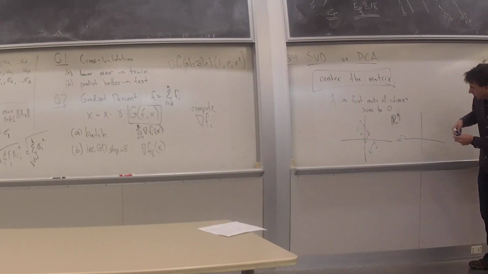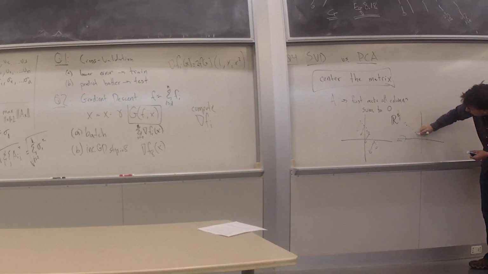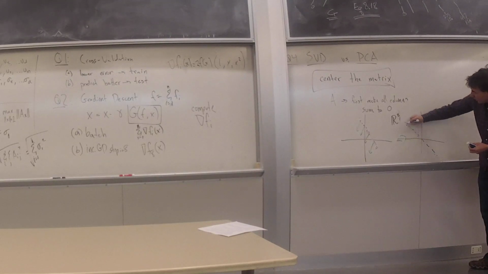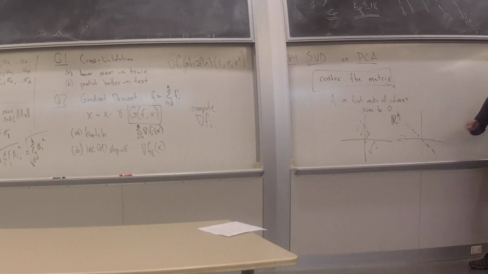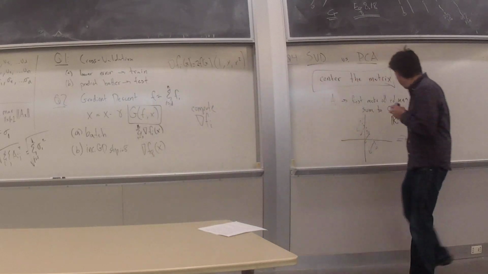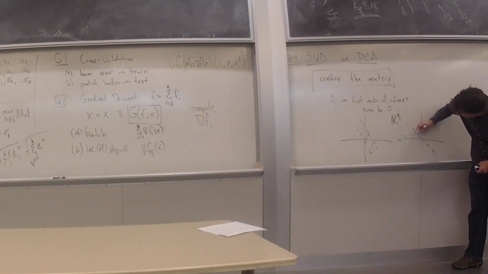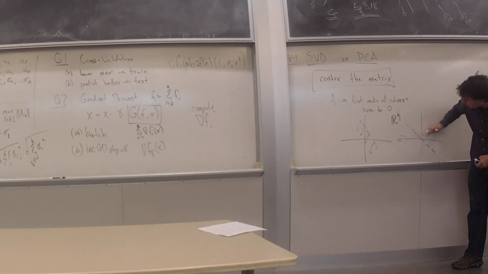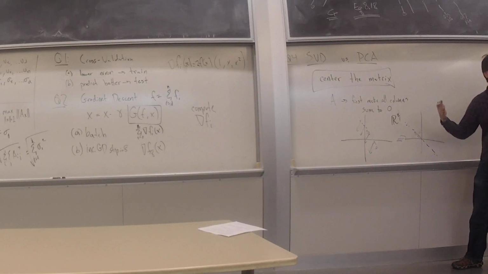Now it looks like this, and its average goes through the origin. Now when I run SVD, the first direction looks like this, which is directly along the main structure of the data.